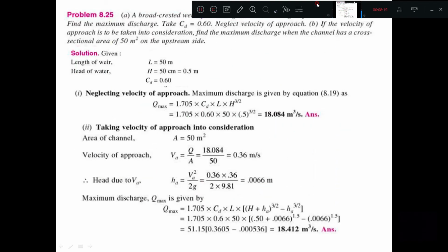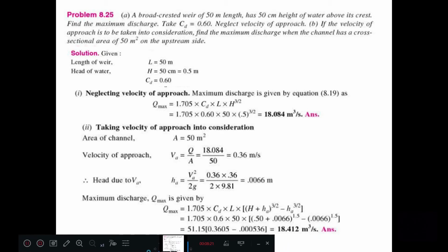Okay, so let us solve some problems, taking some numerical problems here. Let us take the first problem. A broad crested weir of 50 meter length has 50 centimeter height of water above its crust. Find the maximum discharge.